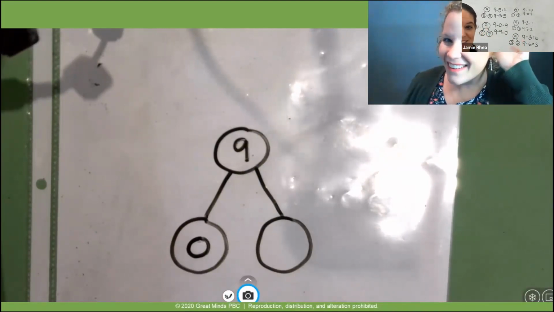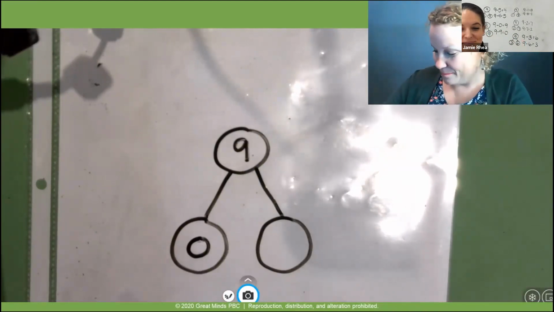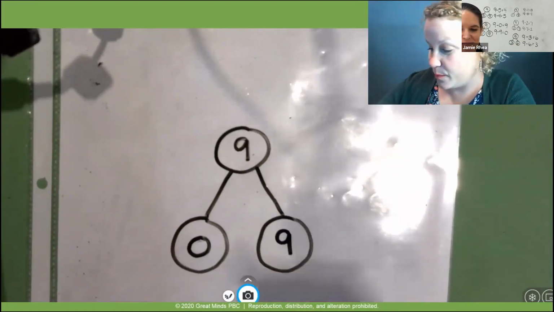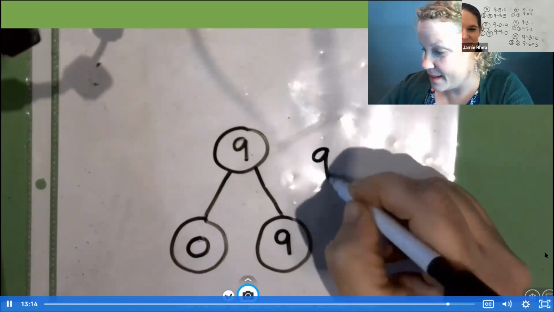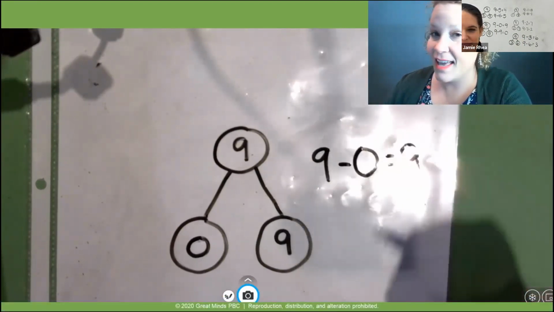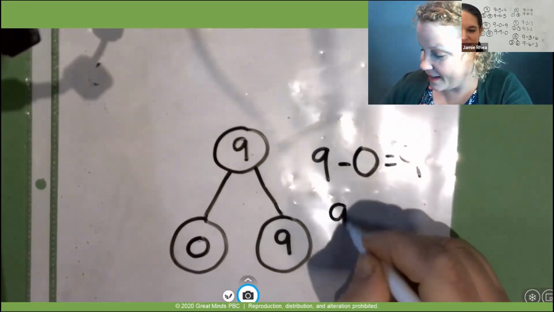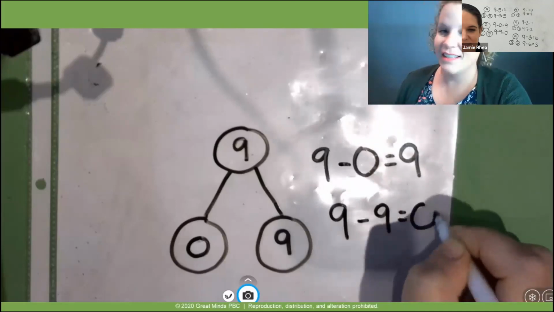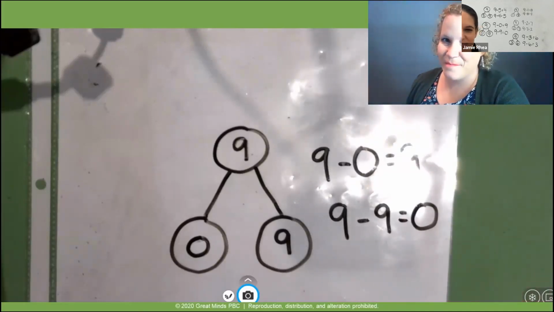We know that we'd still have 9, wouldn't we? 9 beads. So the subtraction sentences, right, are 9 minus 0 equals 9, and 9 minus 9 equals 0. Great job.